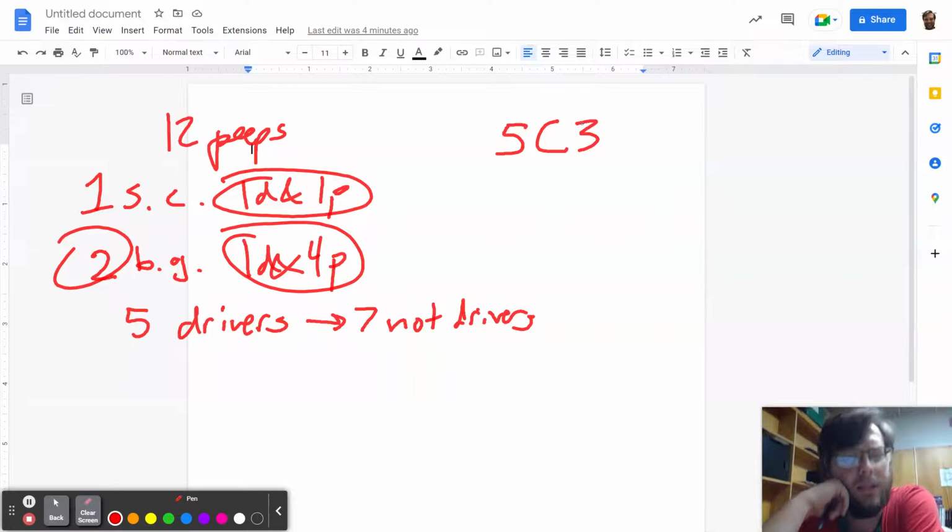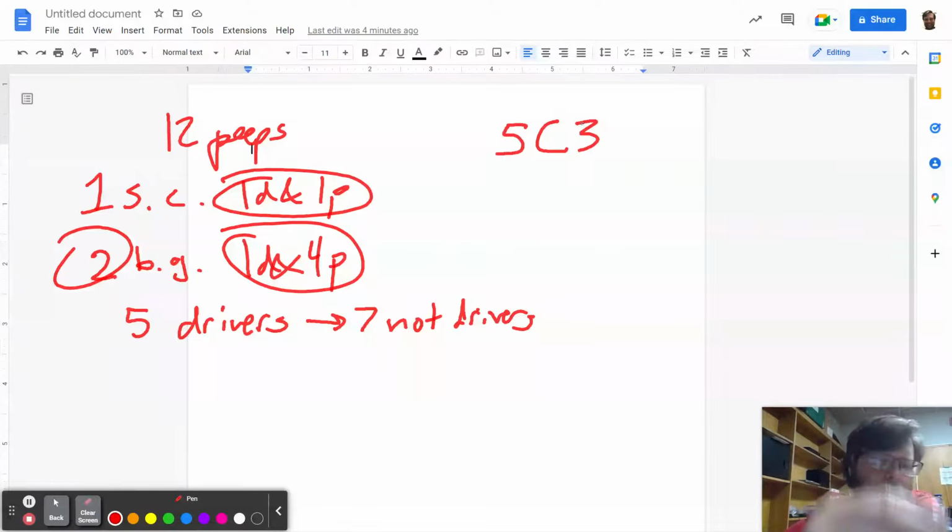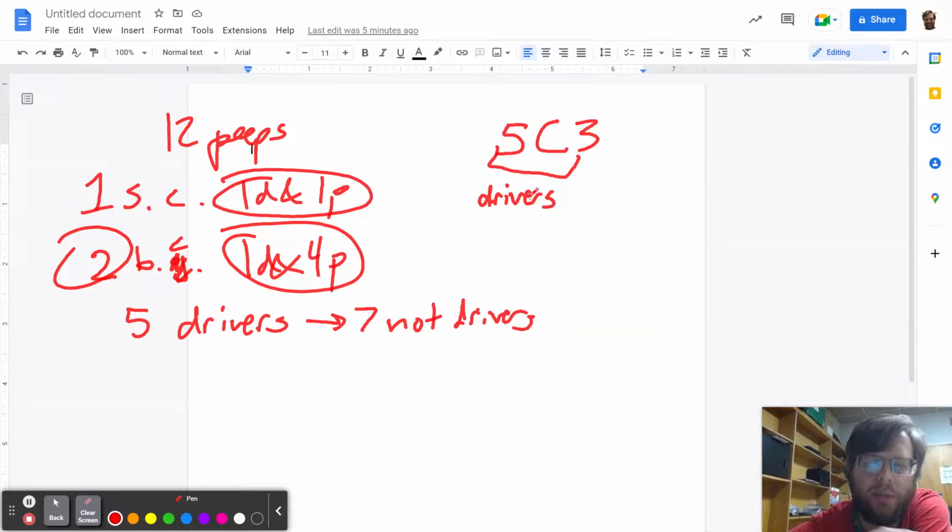And then let's think about the big cars. This is supposed to be the letter C. How many big car situations are there? So once we've chosen our drivers, let's look at the big car. There's three, so there's nine people remaining.